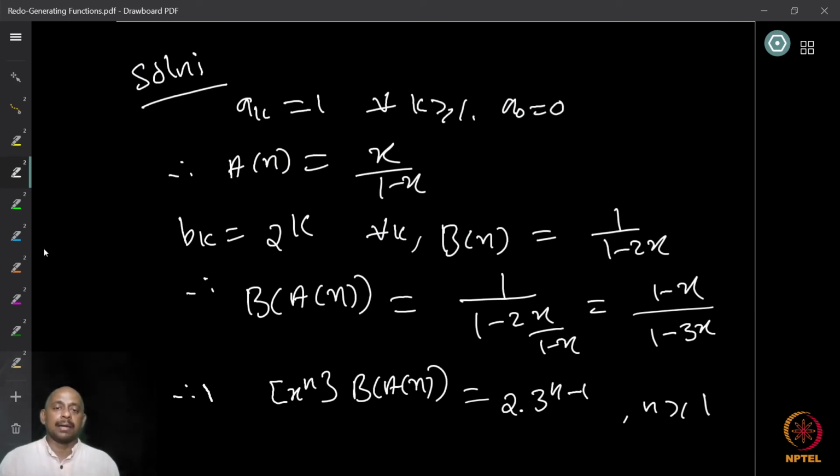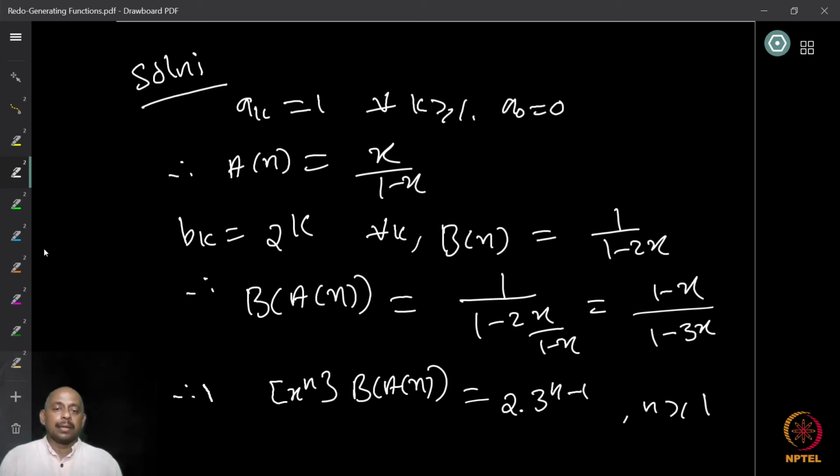Because maybe the other guard will come and say that, okay, you cannot steal our customers, right? So anyway, there are precisely 2 raised to k subsets possible of the k blocks. So Bk is 2 raised to k, right? We are just choosing the subsets and then taking it to its place. So therefore B of x is 1 by 1 minus 2x, right? We saw this before: 2 raised to k is the sequence, then we have B of x is 1 by 1 minus 2x.